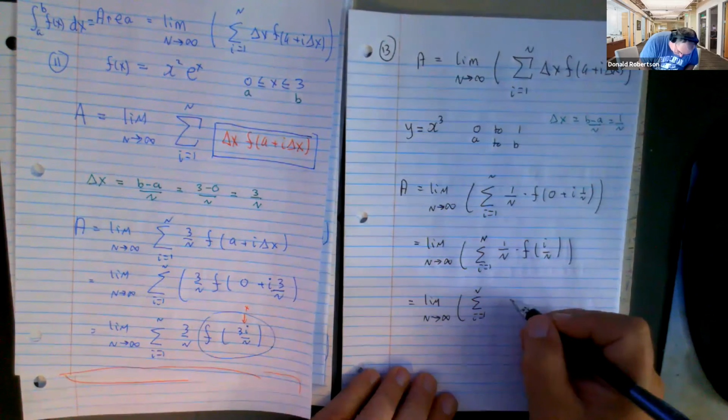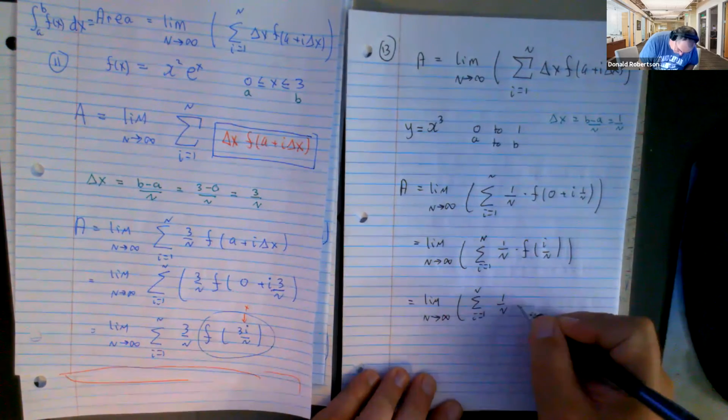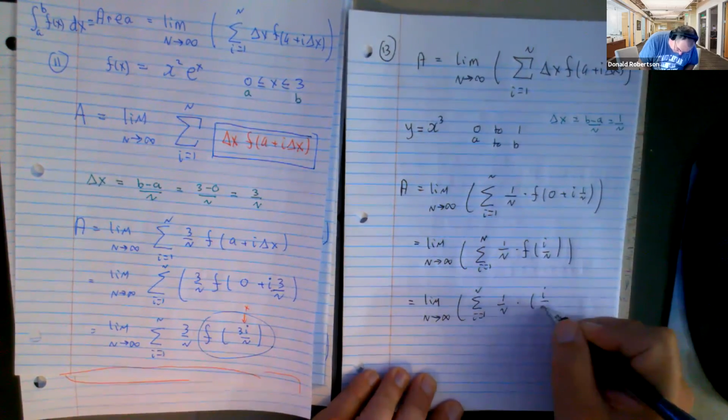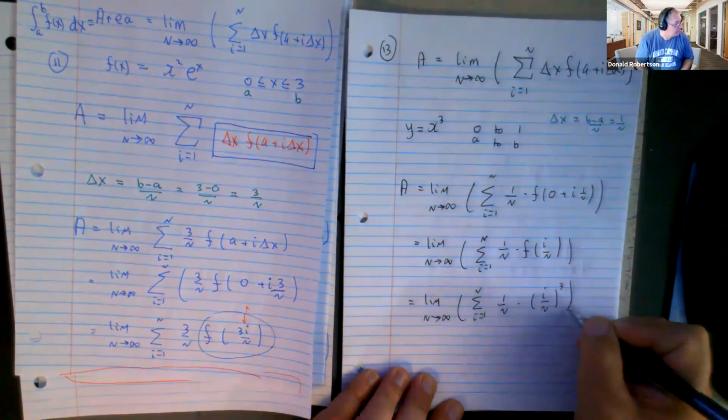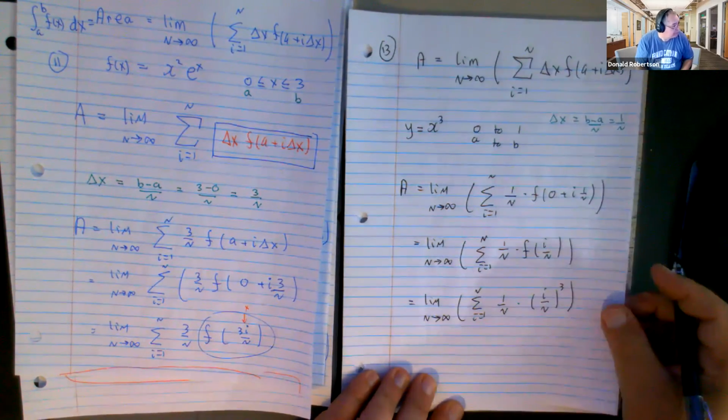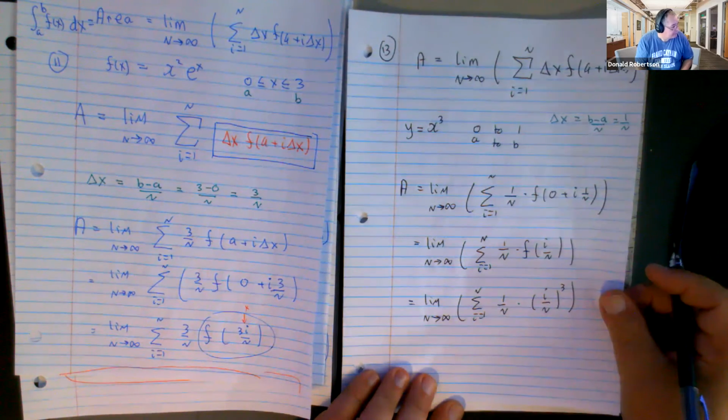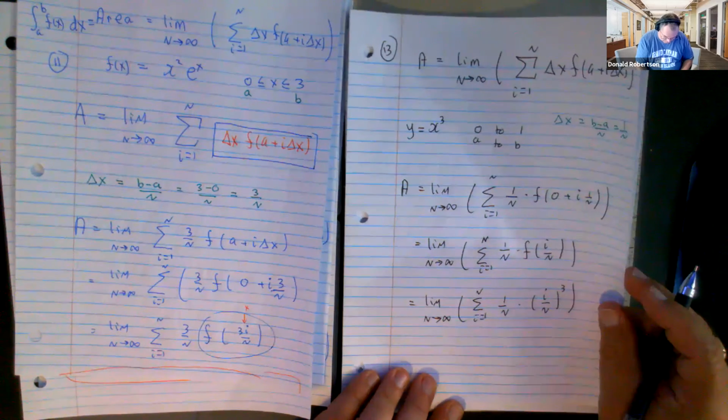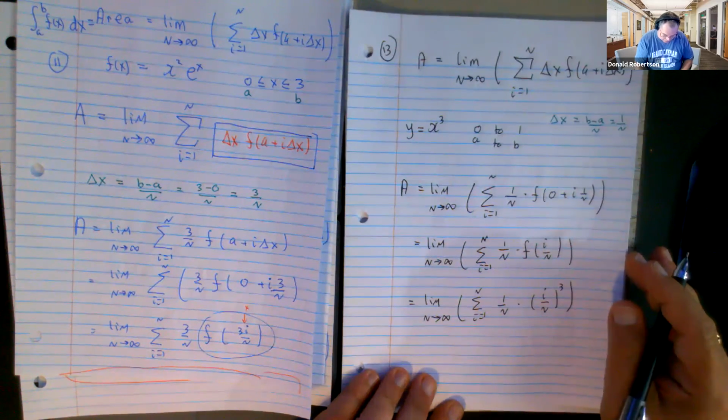So what's that going to get me? It's going to get me 1 over n times i over n cubed. So far, so good.